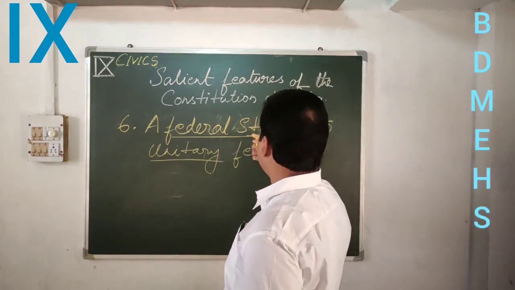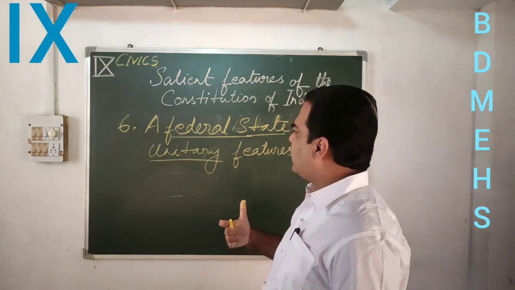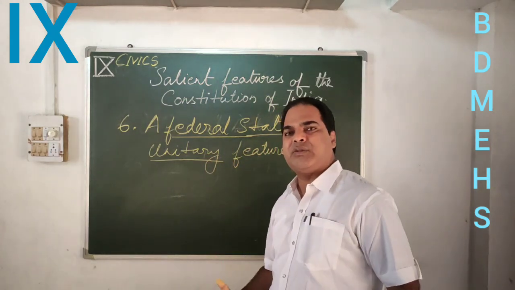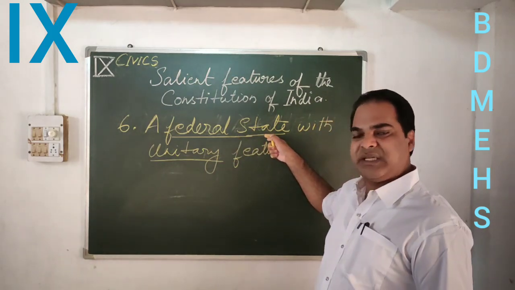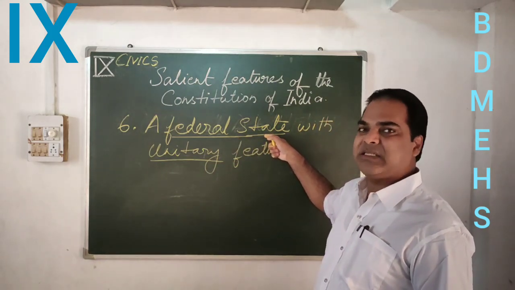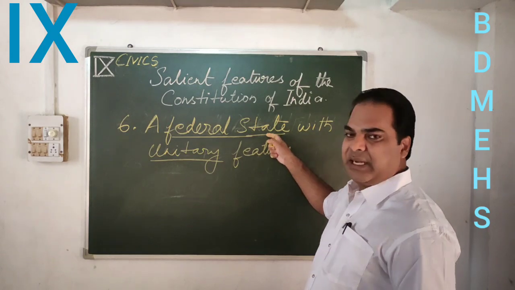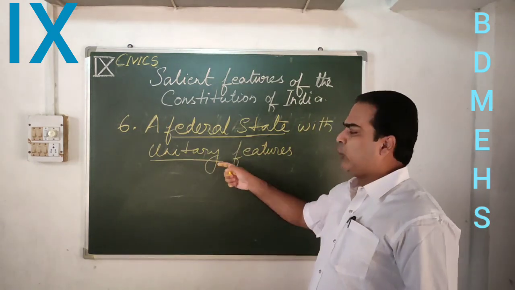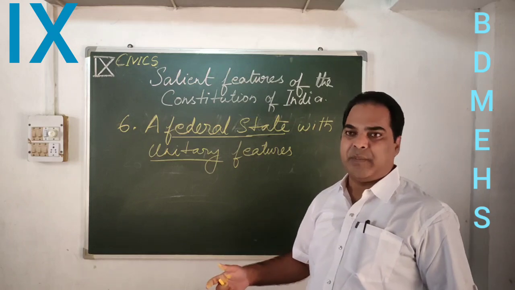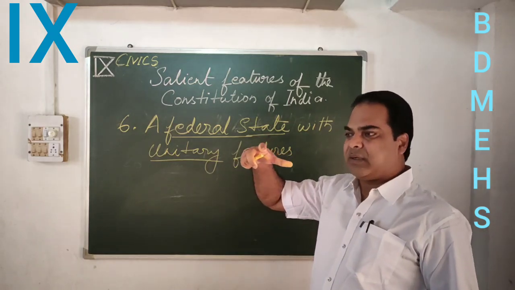So, federal state. What type of features do we have in our constitution? Of course, we have a federal state. The number of states in our country is 29, and these 29 states are under one centralized government, that is the unitary government, that means the central government.